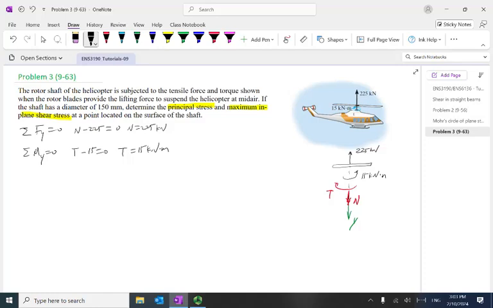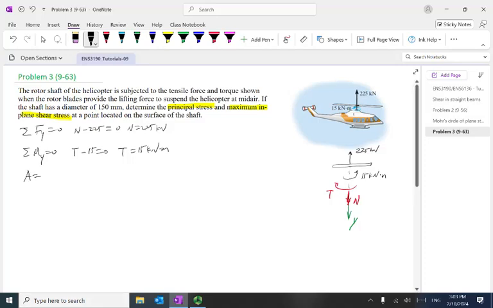Remember, the torque gives you the shear stress we mentioned before, and the load gives you the normal stress.